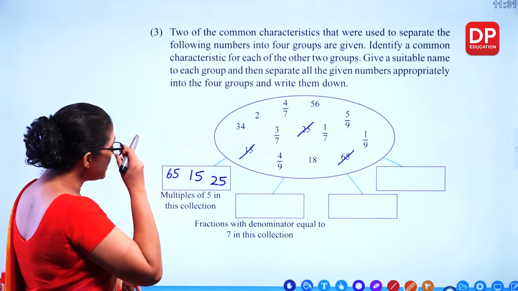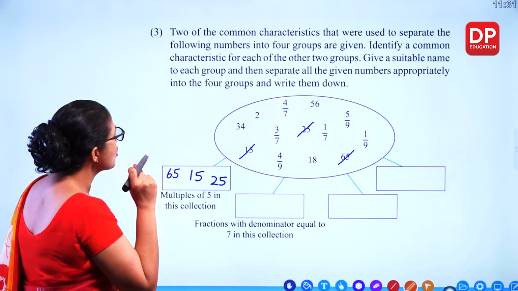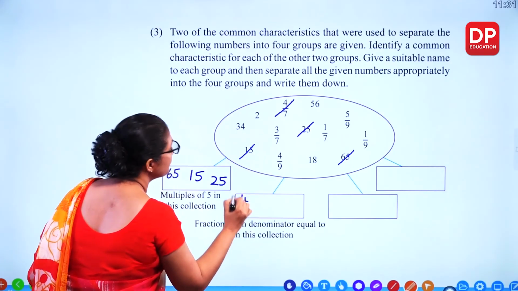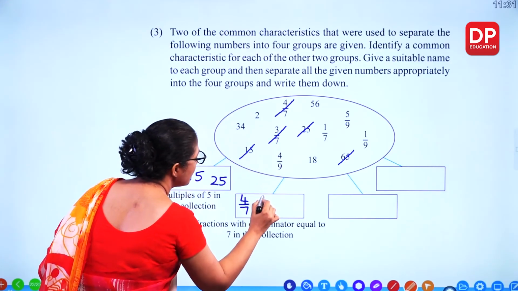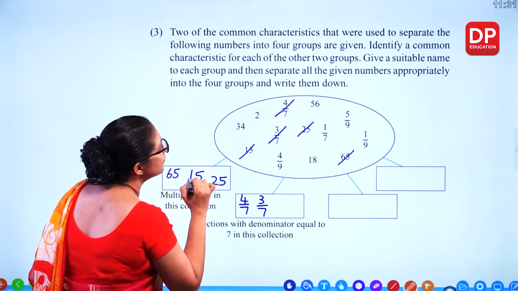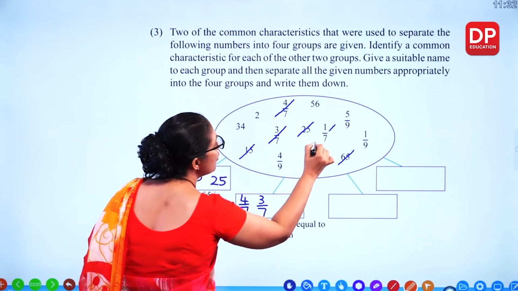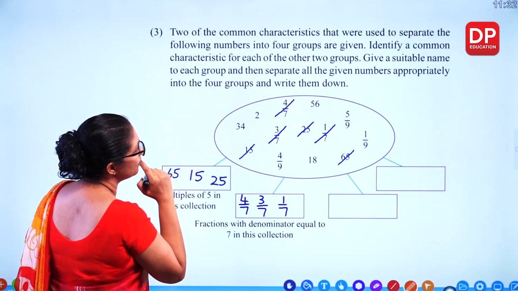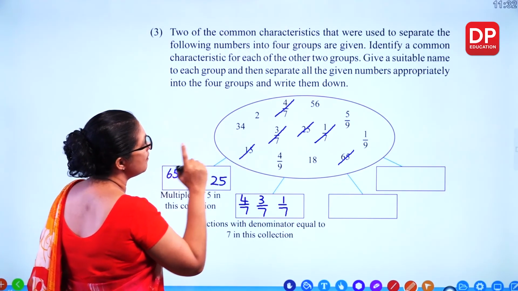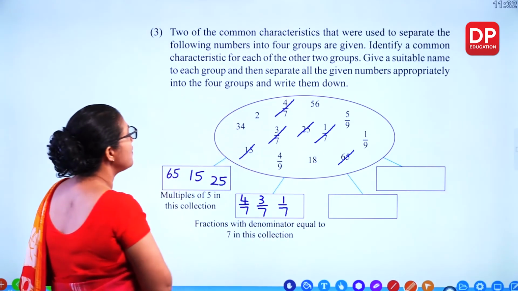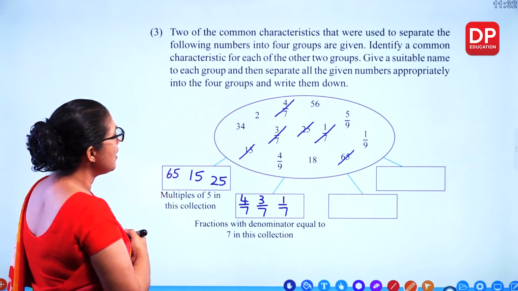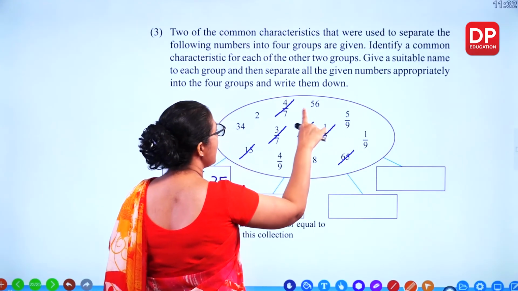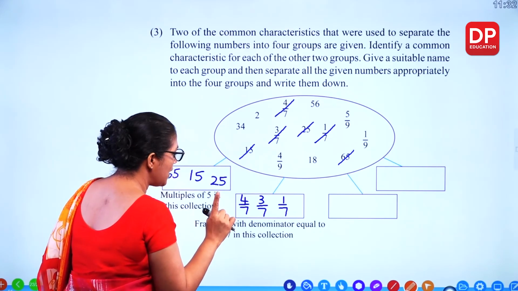Fractions with denominator equal to 7 in this collection: 4 over 7, 3 over 7. What else? 1 over 7. That's all. Then we have other numbers. So here, by looking at these, we can see denominator 9. Fractions with denominator 9.